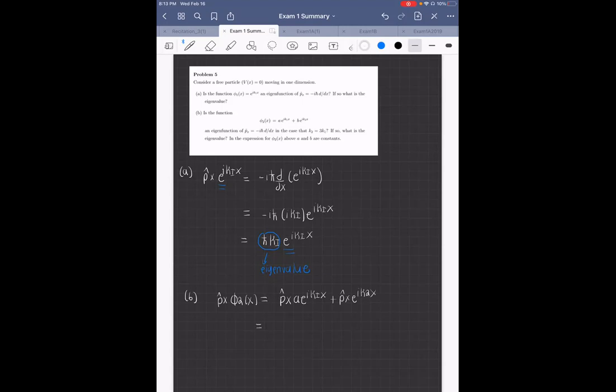And this is going to equal to the operator.